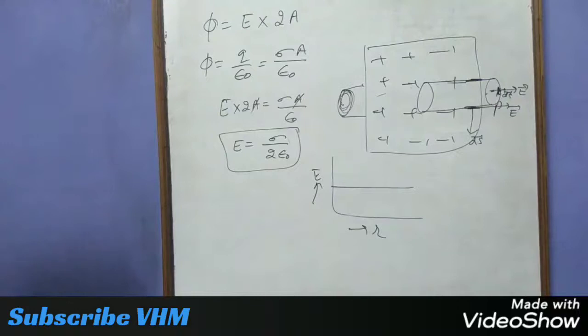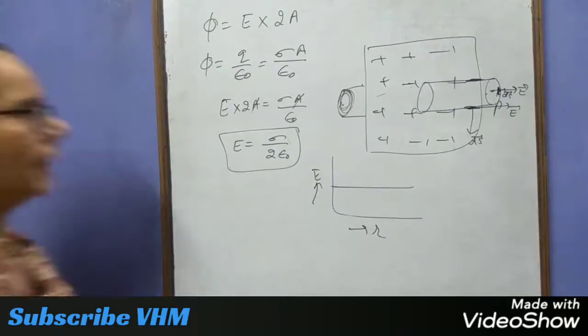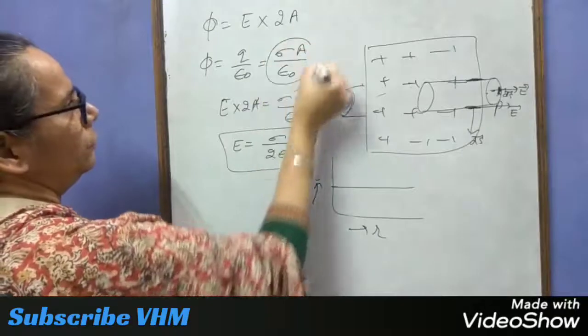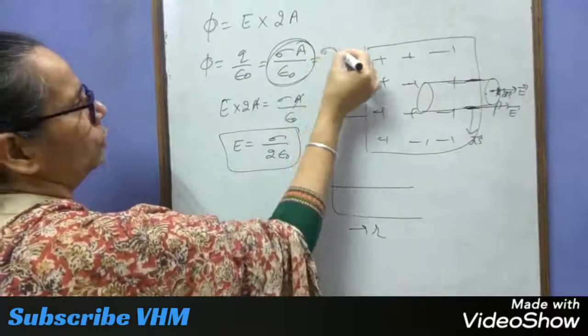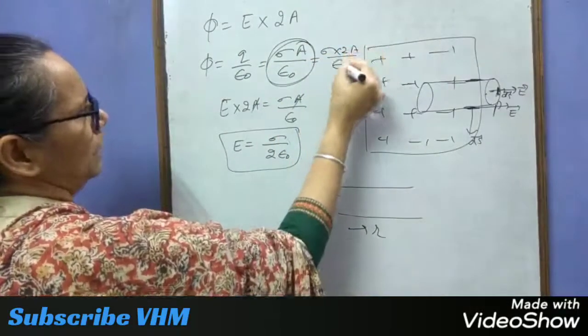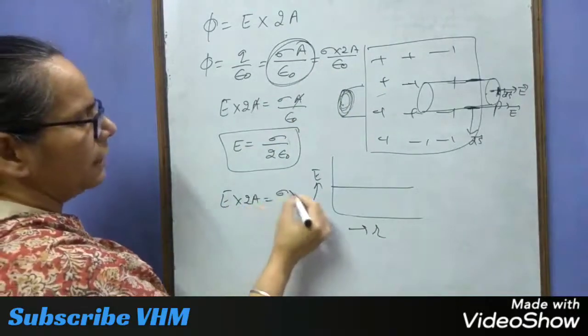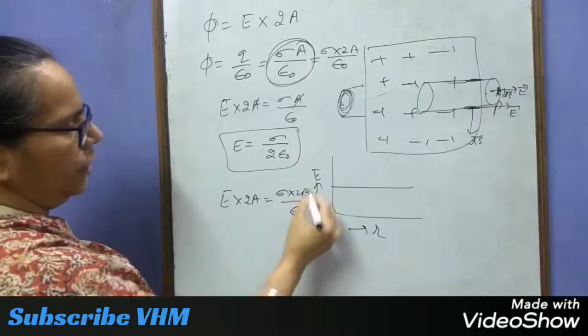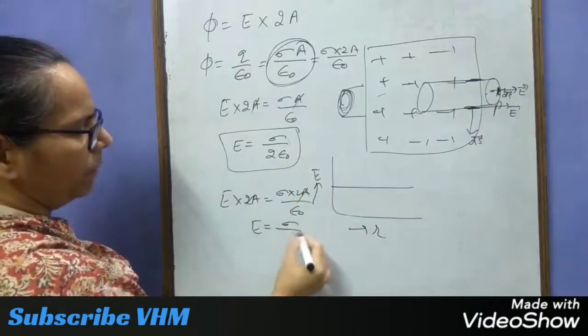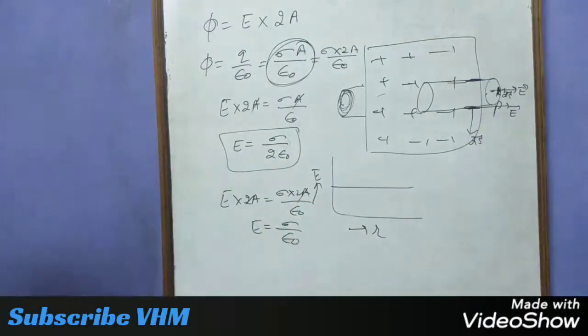And if this plate is a conducting plate, this is an infinite plane sheet, and if it is a metal conducting plate, then what we got here? Then here we consider the charge for 2 times, 2A upon epsilon naught, and our answer becomes sigma 2A upon epsilon naught, that is sigma upon epsilon naught, and this is the electric field by the conducting plate.